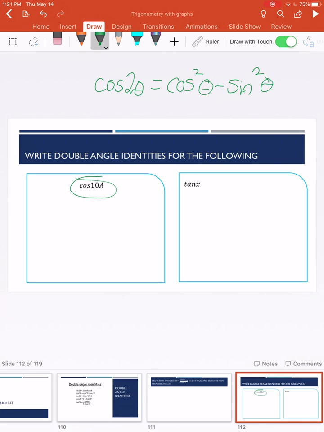What I'm going to do is rewrite this. 10a is the same as 2 times 5a. So now you can see that the angle is equal to 5a. All I've done is written it in the same format: I have my 2 and then my angle equals 5a. Now I'll use the right-hand side of the formula and replace all my angles with 5a.